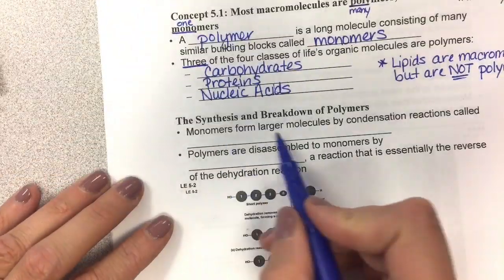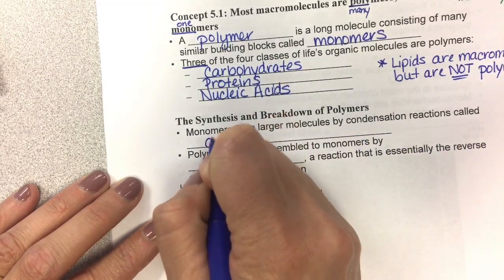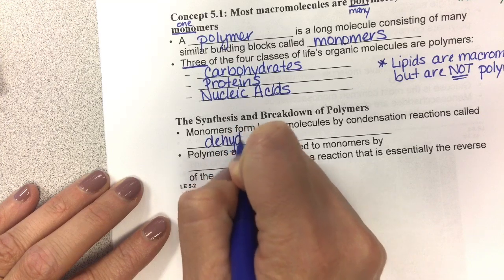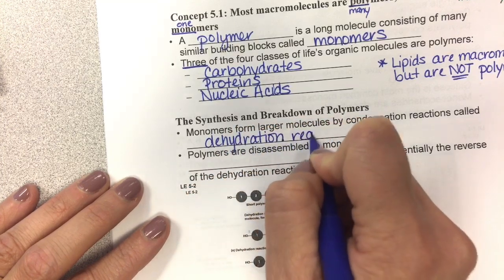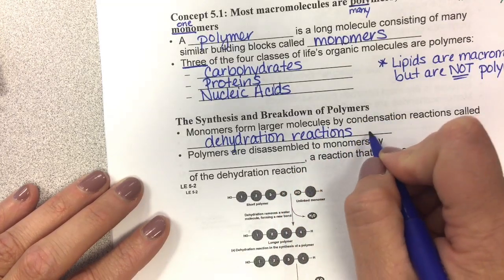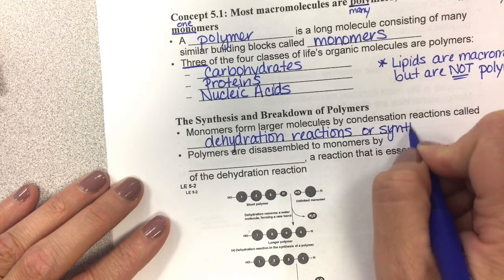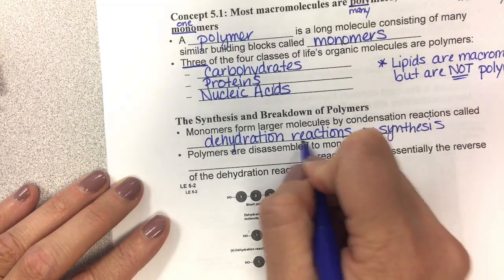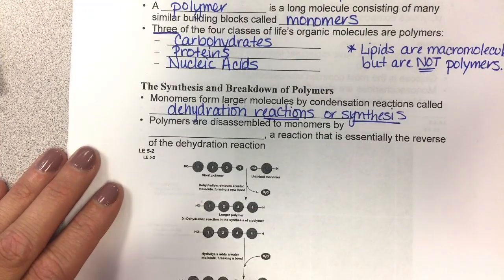So let's look at how these polymers are both made and broken down. Monomers form large molecules by condensation reactions called dehydration reactions. Sometimes also called dehydration synthesis. So you can see reaction or synthesis, both of them are referring to the same process.